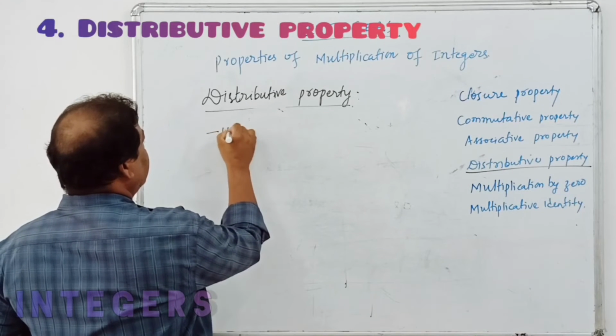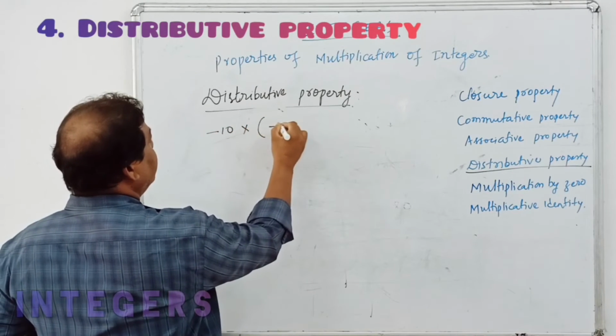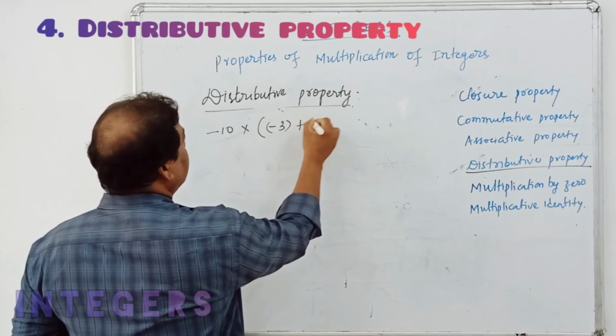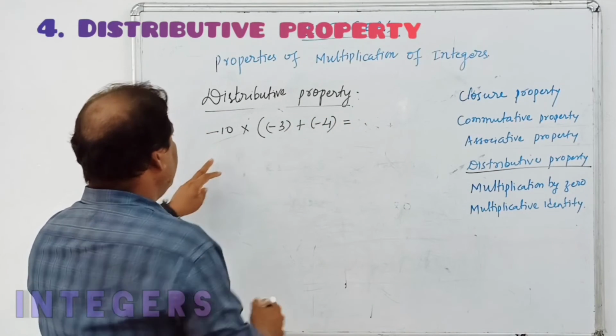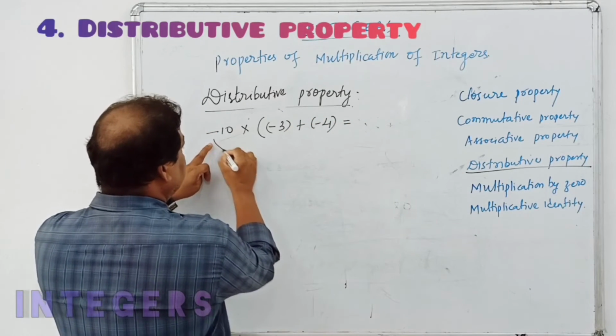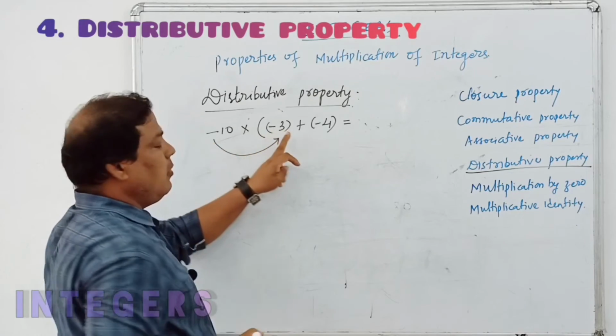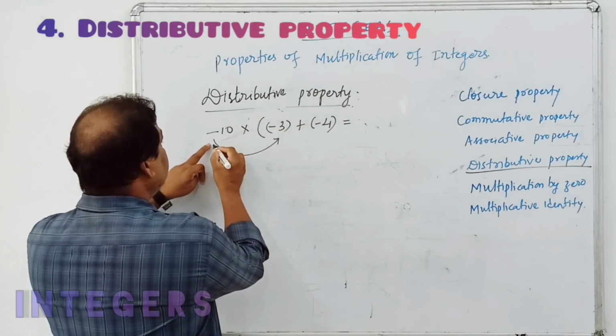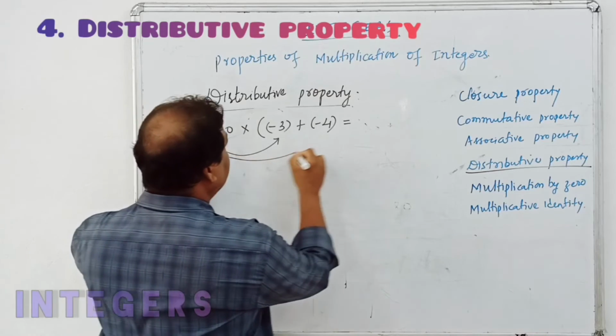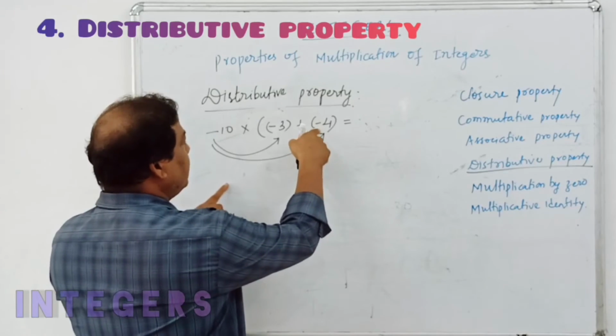Let us take minus 10, here is minus 3, plus here is minus 4. Now we have to multiply minus 10 with the first term, that is minus 3. Thereafter you have to multiply minus 10 with the second term, that is minus 4.